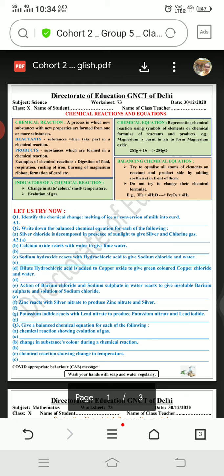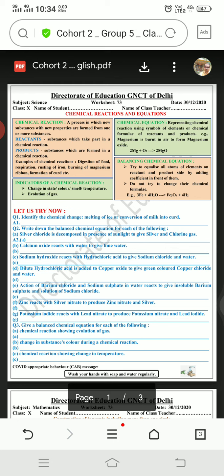So in the reaction we represent magnesium plus oxygen, this will give, and the product is represented by the arrow. The left hand side is the reactant and the right hand side is the product. So magnesium plus oxygen are the reactant and the magnesium oxide, MgO, is the product.